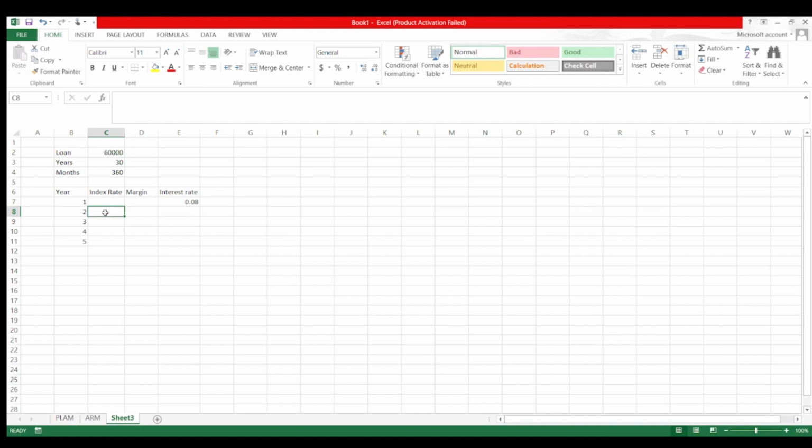Then for the second year all the way to the fourth year, the index rates are as follows: 10%, 13, 15, and 10. The margin is 2%. You need to remember that they're in decimal format. So 0.1, 0.13, 0.15, and 0.1.